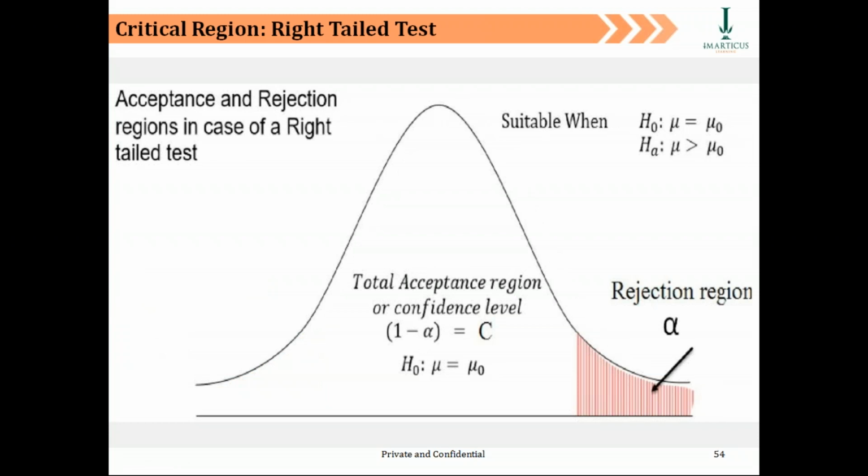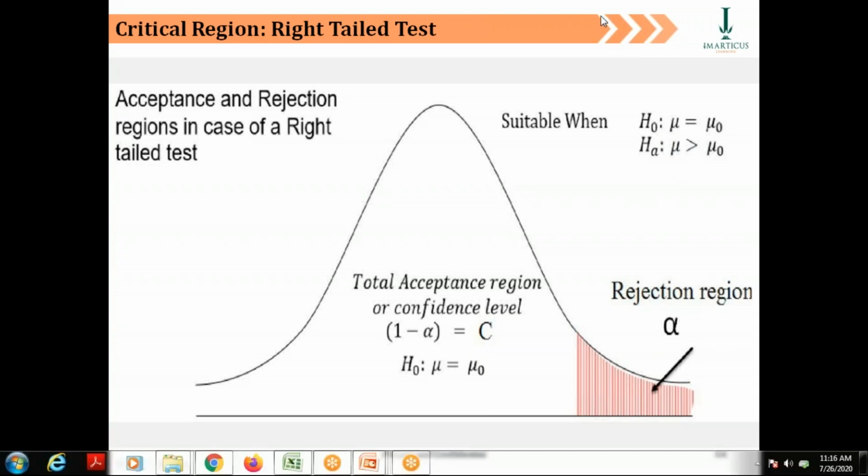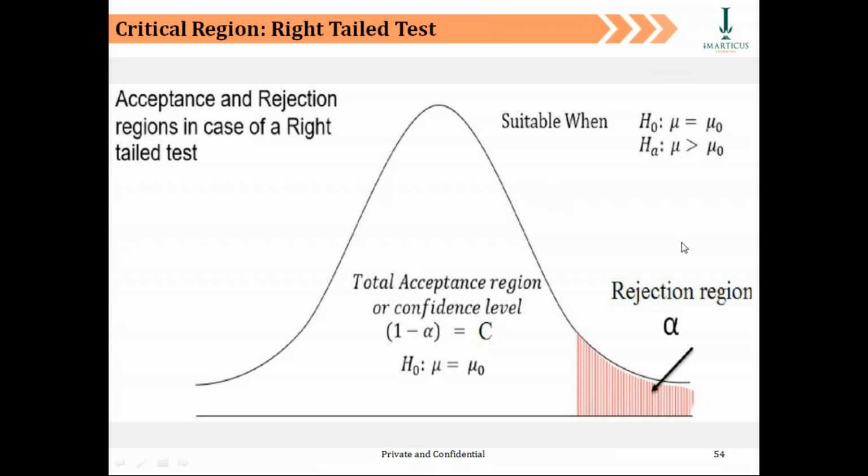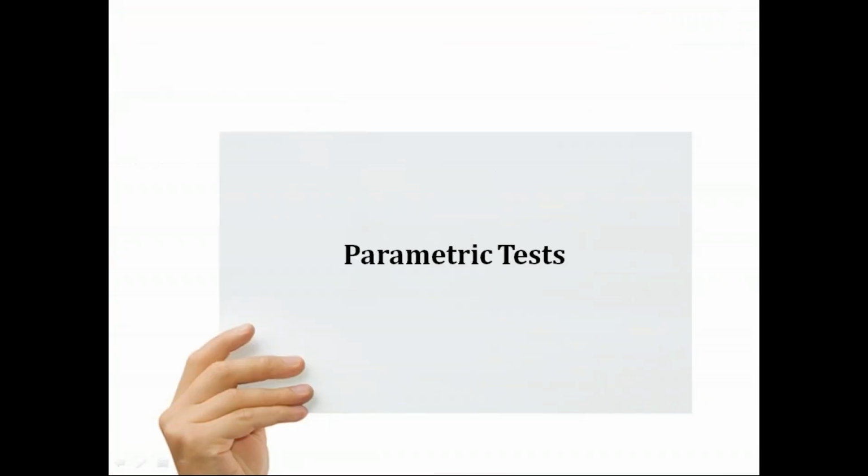Now, when your rejection region is on the right side, look here. The sign for the alternative hypothesis is greater than: mu is greater than mu naught. So in that case, your rejection region is on the right side. I hope it is clear to everyone. That's what I explained in the previous class in Excel, look at how things are looking.